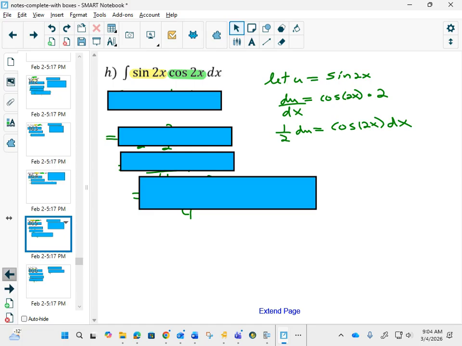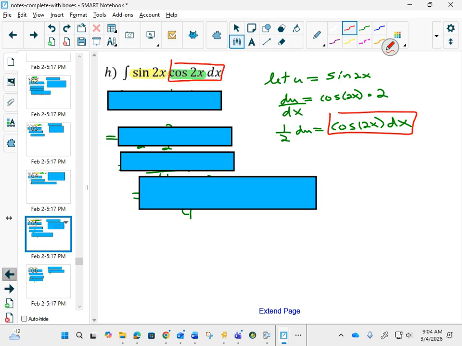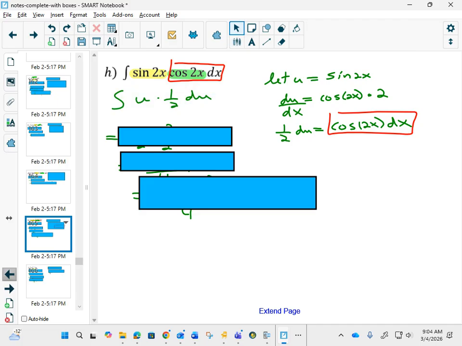But what I can do is I can move the dx over and move the half over to the other side, because then this matches up perfectly with this. But when I do my substitution, it means I have an extra half in there.